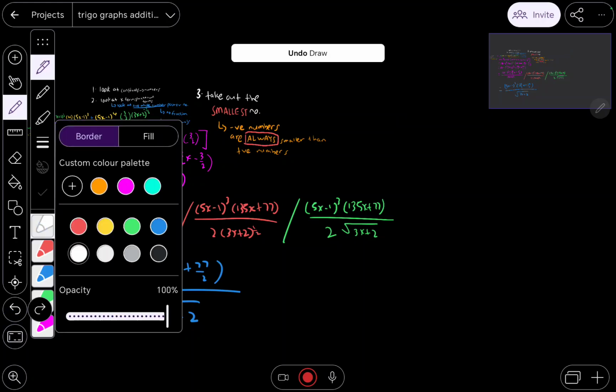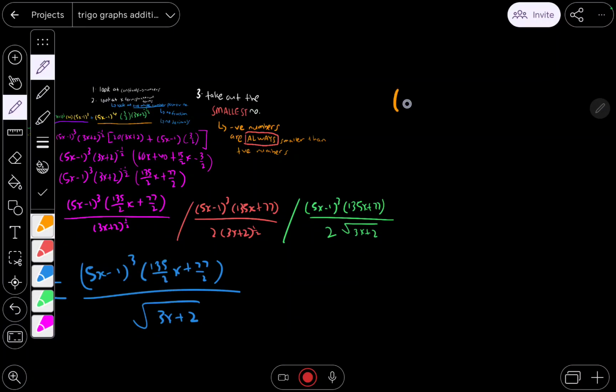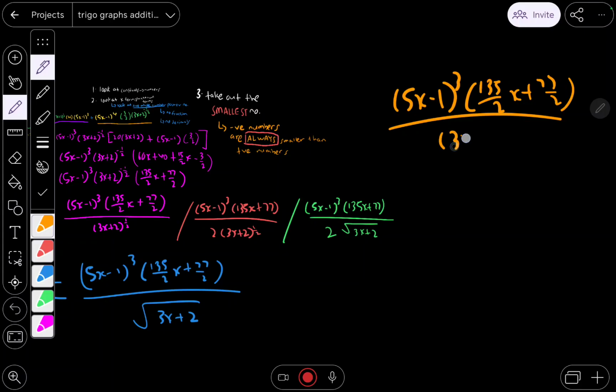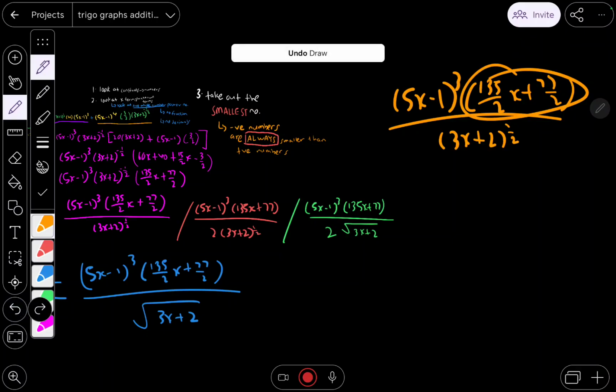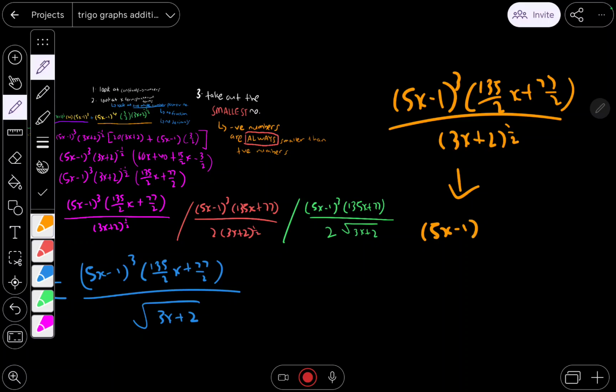What other color can I use? Okay, orange. So what I did was, this whole thing times 2. So I'll write out my product here.